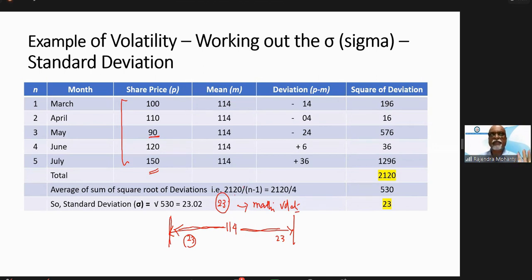So we can call 23 the monthly volatility of this particular share price for these 5 months. Is it clear?